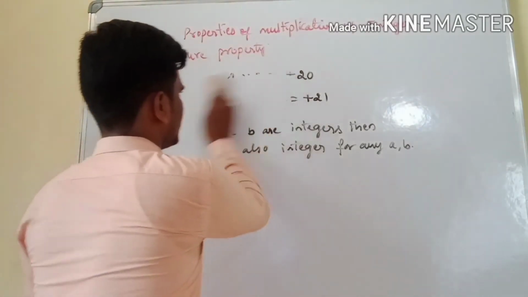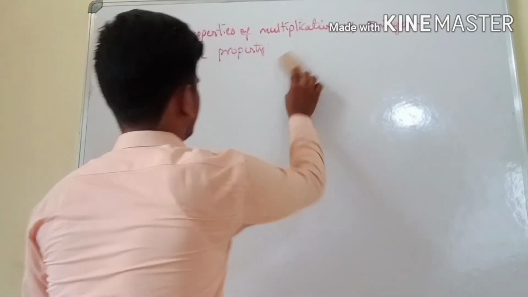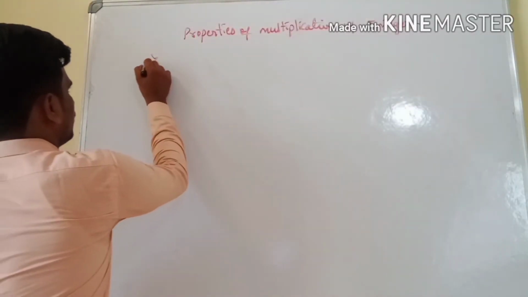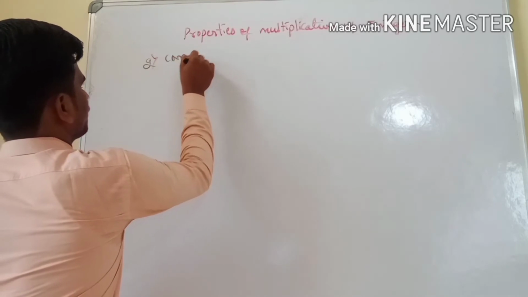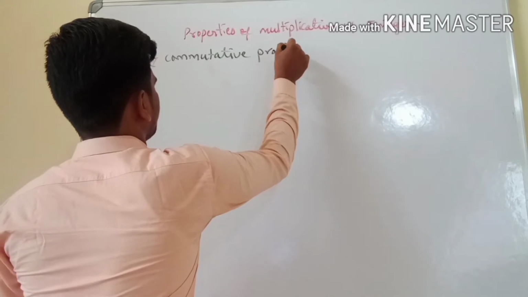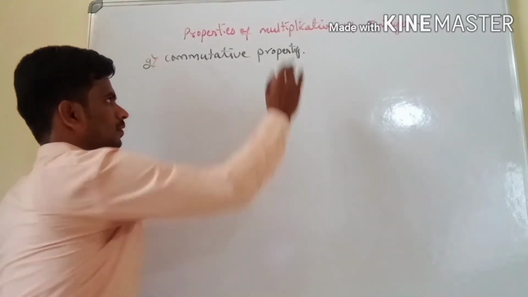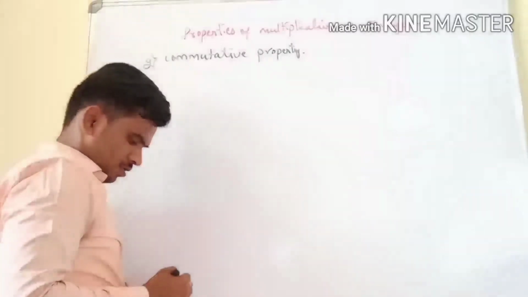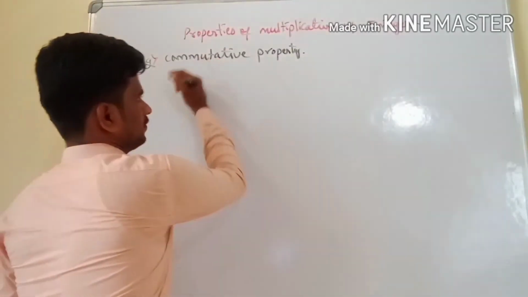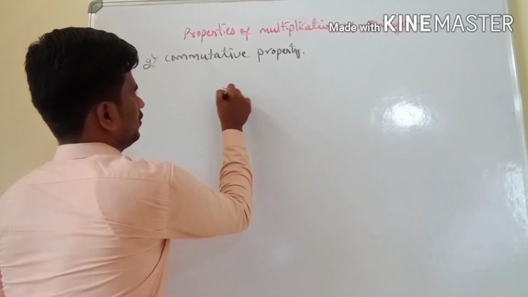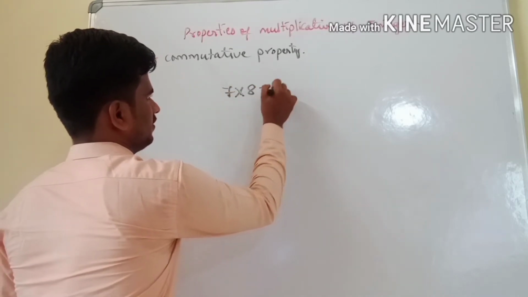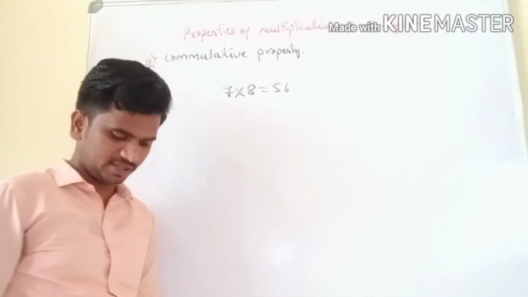Then what is the second property? The second property is the commutative property. What does this property say? Consider the product of any two integers, 7 into 8, that is nothing but 56.